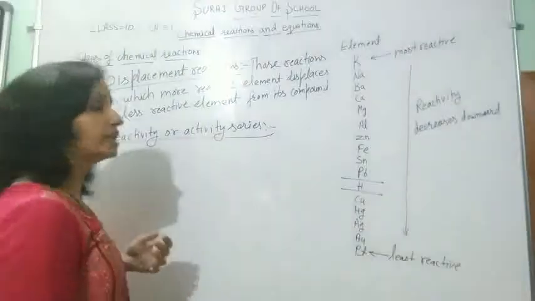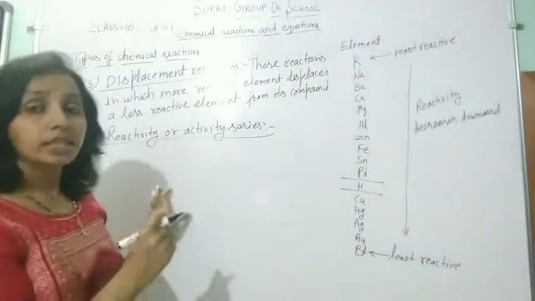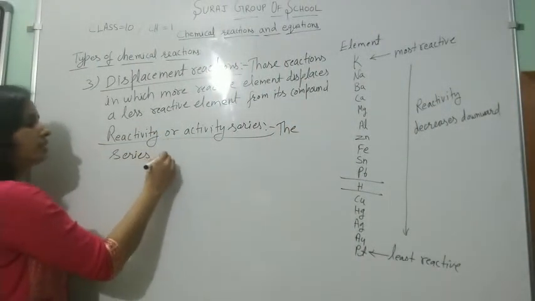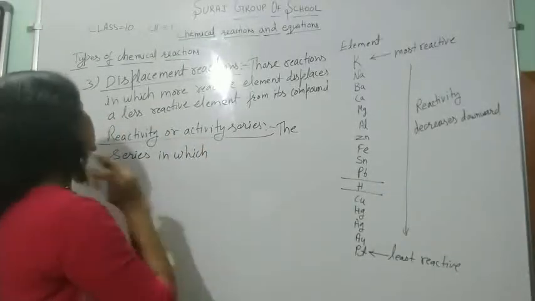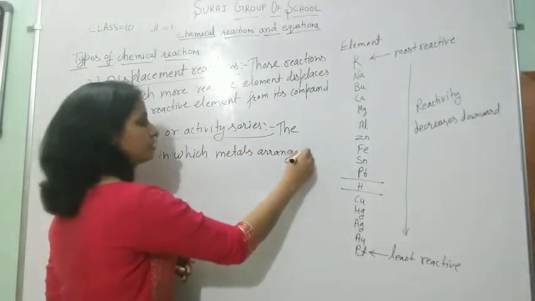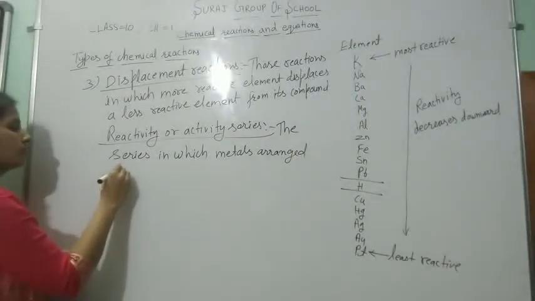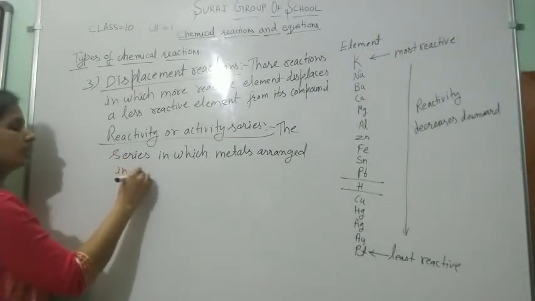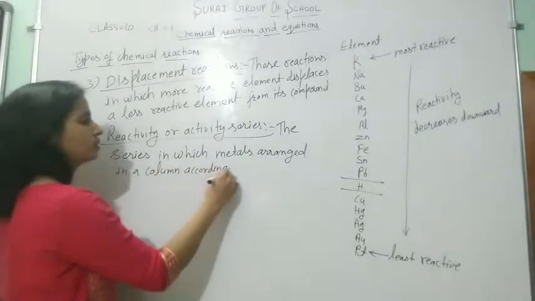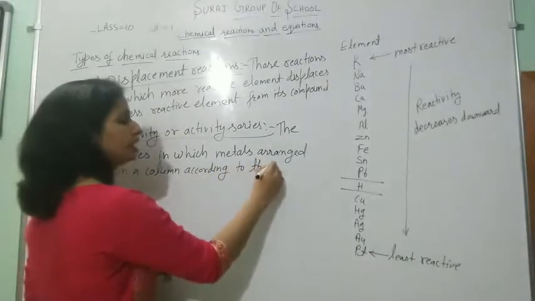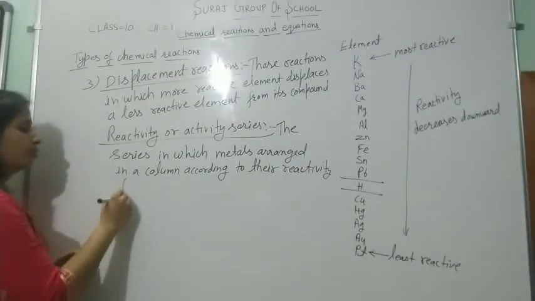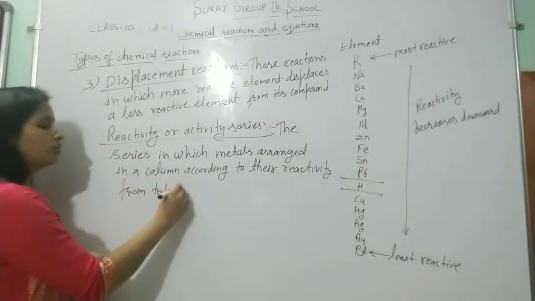So we can define the reactivity series or activity series as the series in which metals are arranged in a column according to their reactivity from top to bottom.